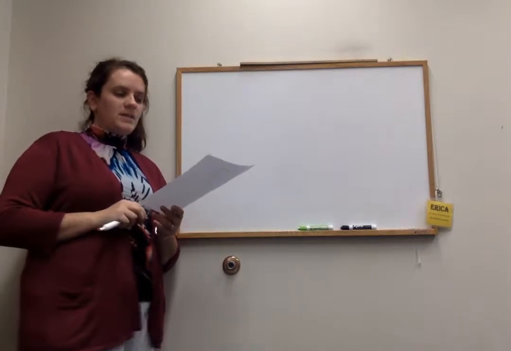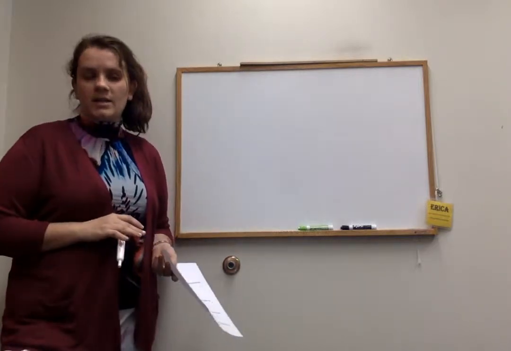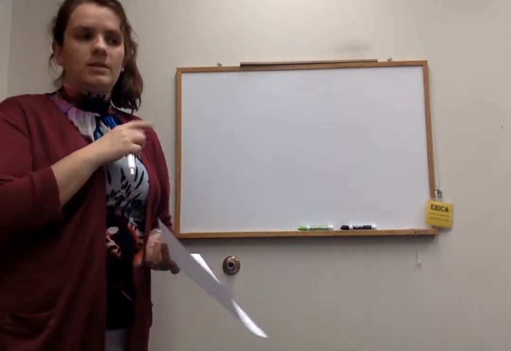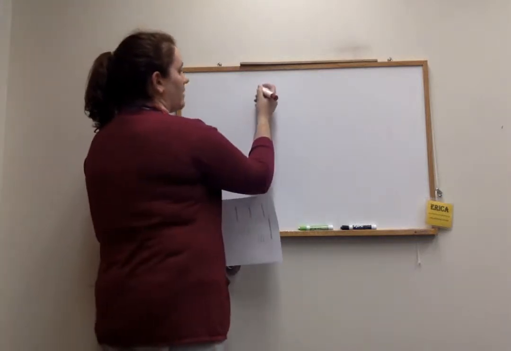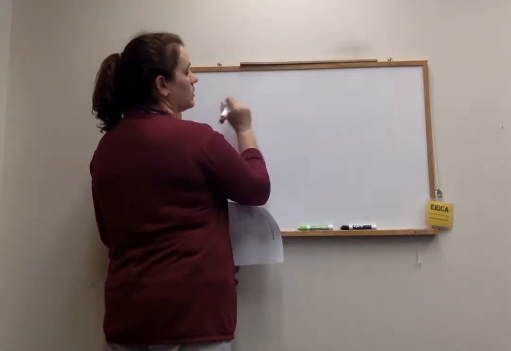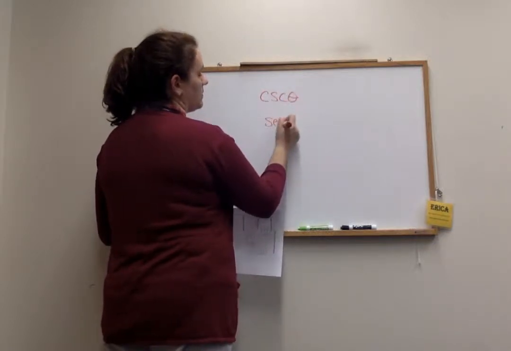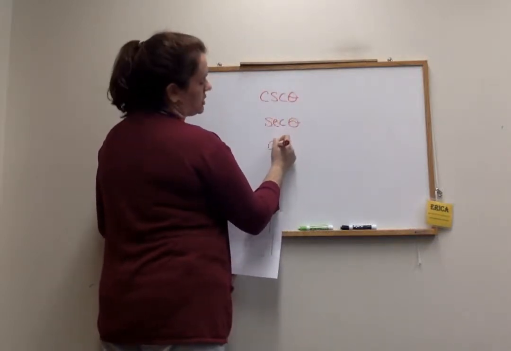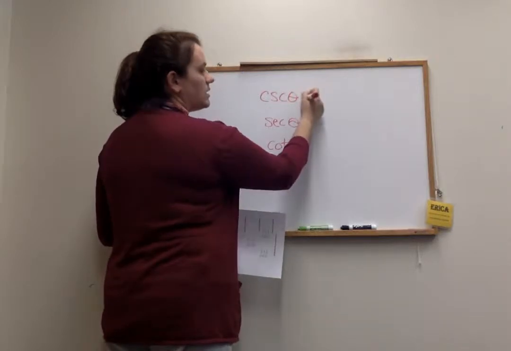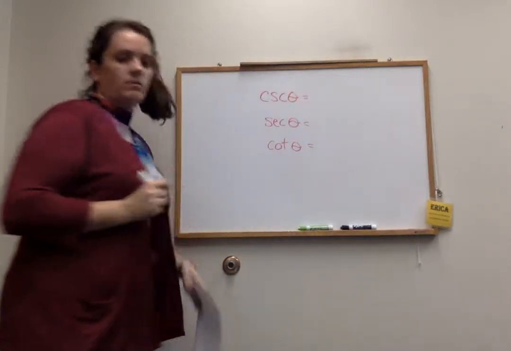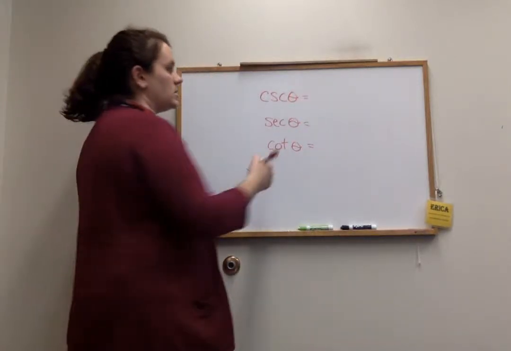So fundamental trig identities. The first set that's on your page are the reciprocal identities. I know we've talked about these a lot, right? We have our three reciprocal ratios, which are cosecant, secant, and cotangent, and those are each the reciprocal of one of the original trig ratios.